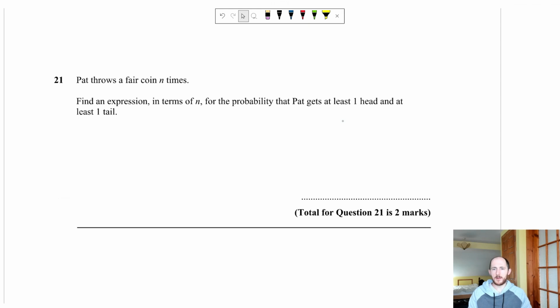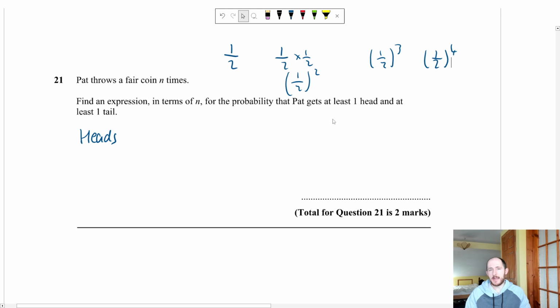So first of all, how do I work out the probability of picking up a heads? Well, in normal maths, the probability of getting 1 head would be a half. Getting 2 heads would be a half times a half, right? So it'd be a half squared. 3 heads would be a half cubed, and so on, right? Where the power is just how many heads that you want.